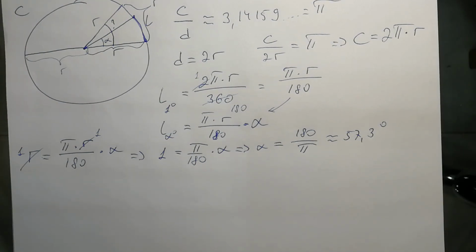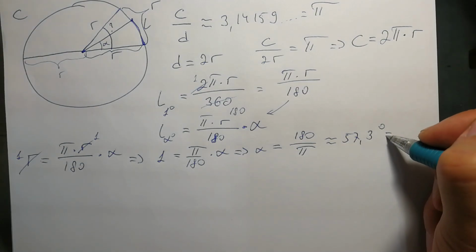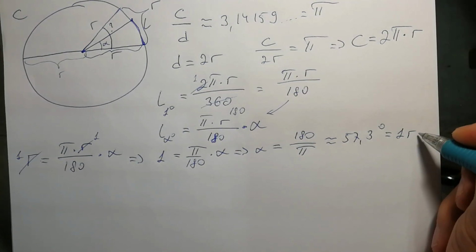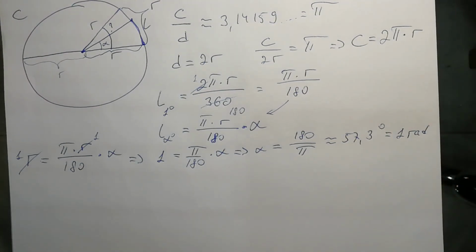And such a value of angle is called a radian. This will be 1 radian. And most often in trigonometry they work with radians and not with degrees, which are used in geometry.